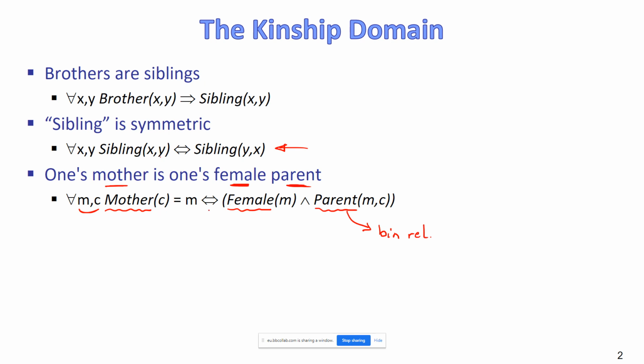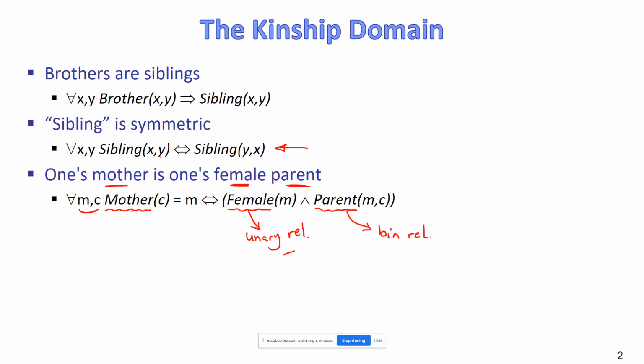So let's start with female. Female is a unary relation. It is an attribute. It's like a property, right? So that's like whether M is a female or not, right? So that's a unary relation. That's correct.